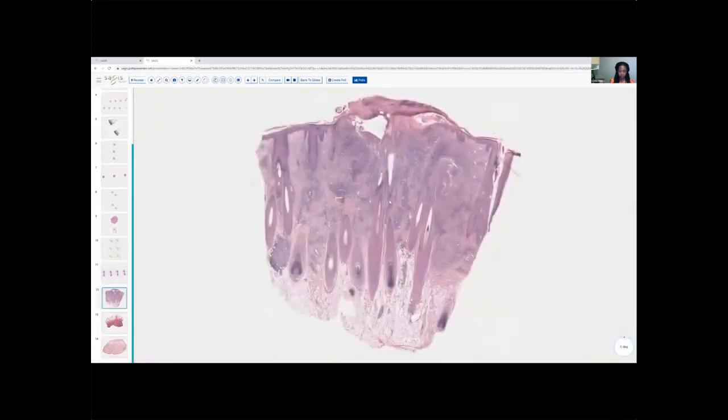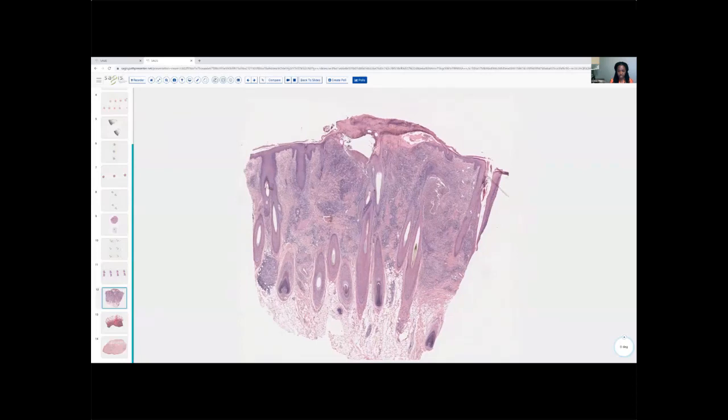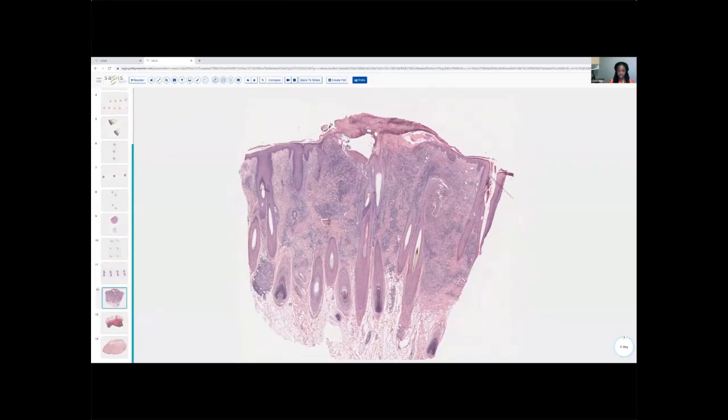All right, so this is a kind of a fun case to look at. What we appreciate immediately is that we have, in particular, this central follicle or group of follicles, this pilosebaceous unit. And surrounding it is this very dense kind of suppurative inflammation. And there is ulceration.